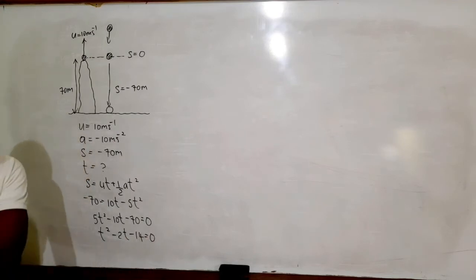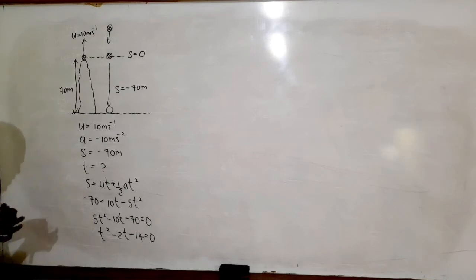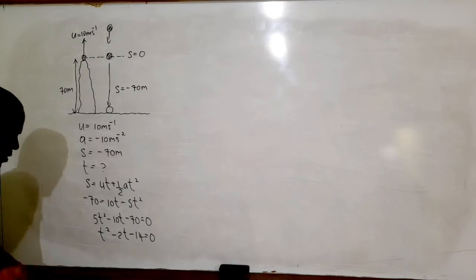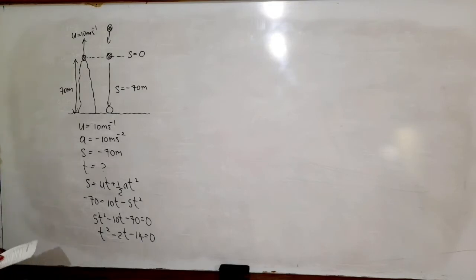So t squared minus 2t minus 14 is equal to 0. And so we'll then solve this quadratic to find the time t.